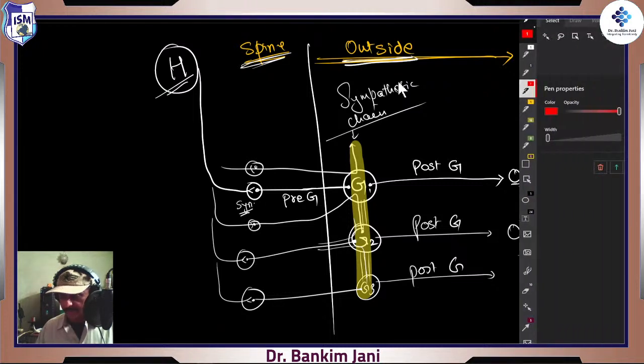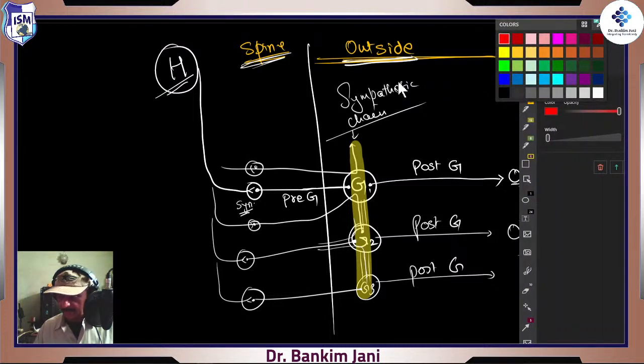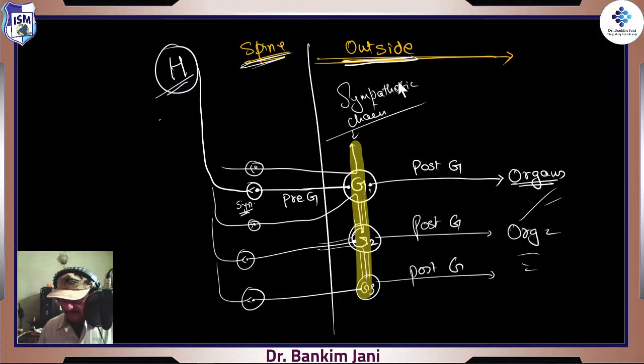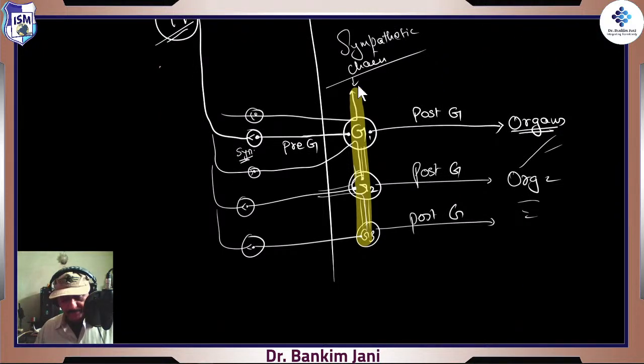I'm taking another color so that it is okay to see it properly. And let's increase the width also. Now comes some special fibers. Those special fibers, as they come, they go over here. These fibers, let's draw it over here.